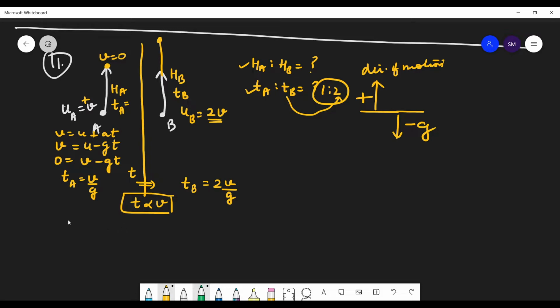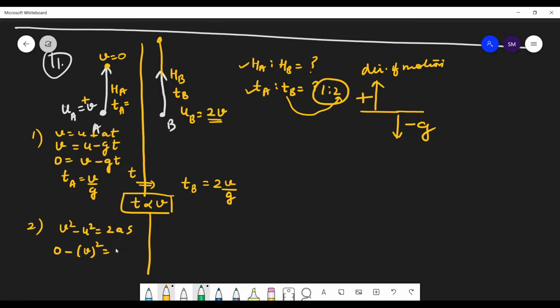Okay. Now, second part, what about the maximum height? So that is V square minus U square is equal to 2AS. Now what is V? 0. What is U? That is plus V. So V square. Now A is equal to minus G, upward direction we have taken positive, downward negative. So that is why S will also be positive.